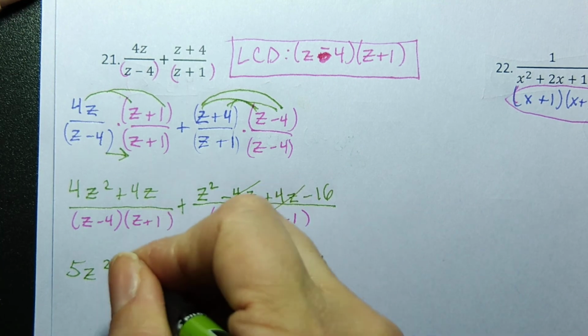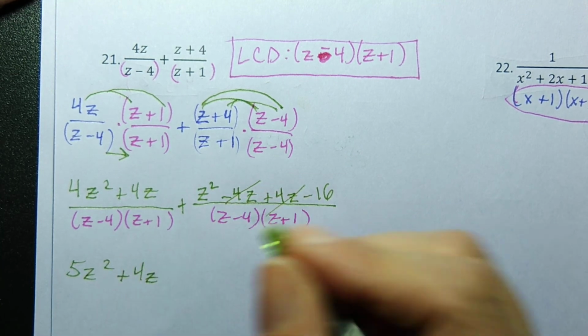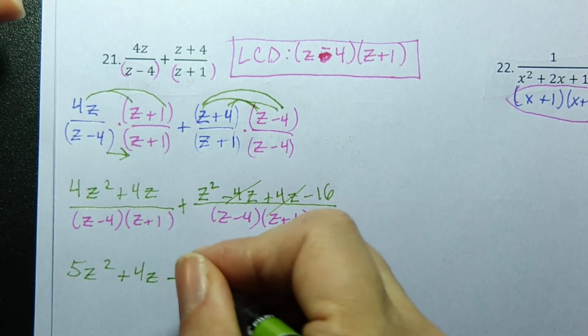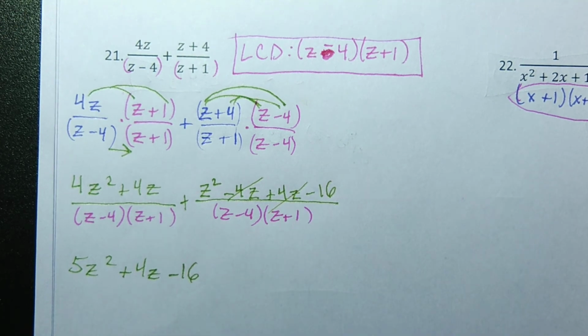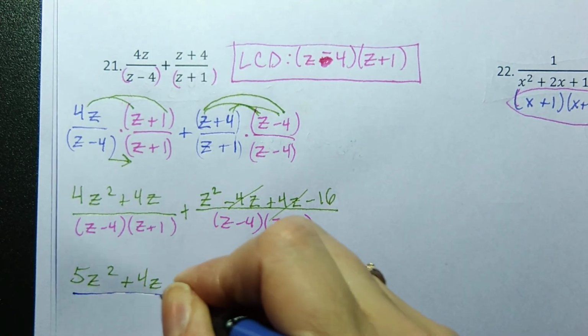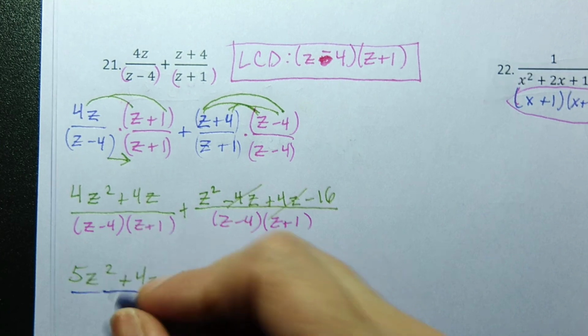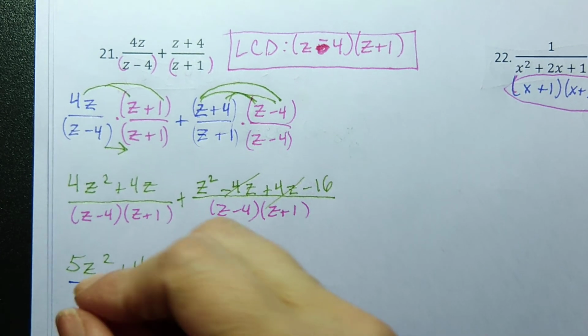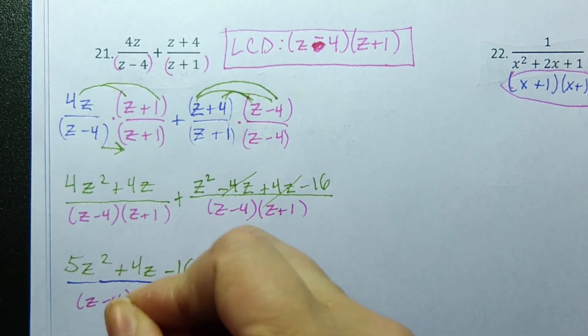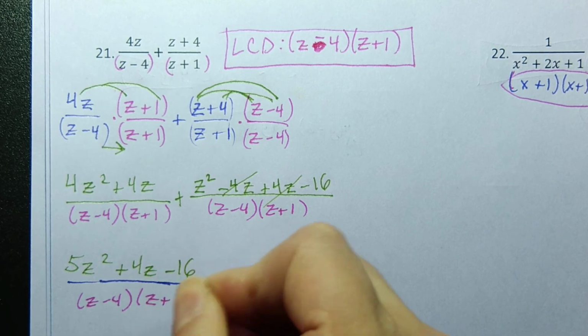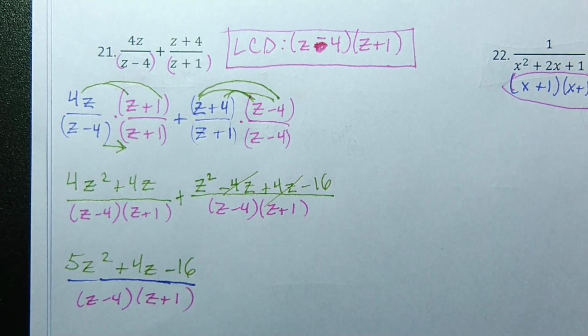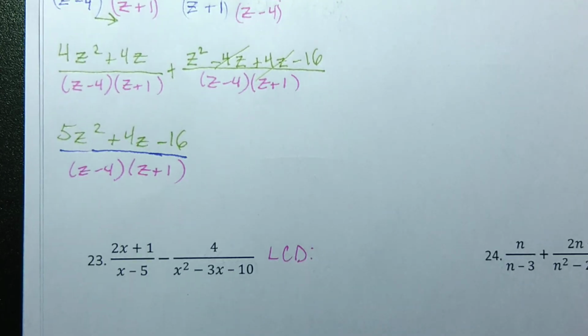And then we have plus 4z minus 16, all over z minus 4, z plus 1. Why should I not put a box around my answer yet? We should try to factor the top and potentially simplify.